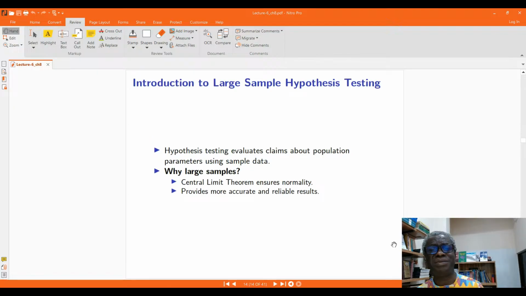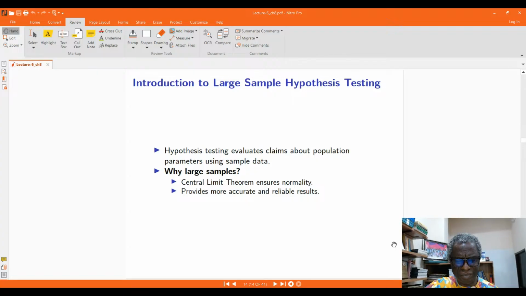So let's go straight to what we have today. Remember that the discussion is going to center on hypothesis testing for population parameters with large samples.